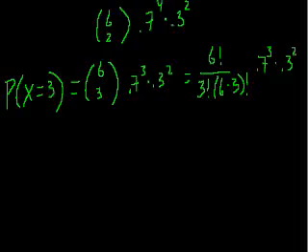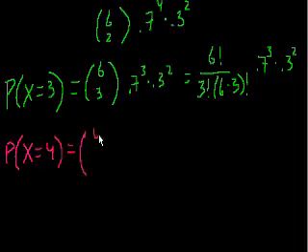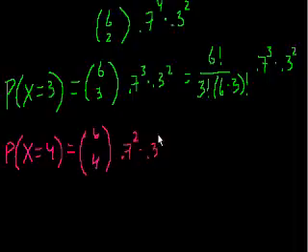Let's keep going. And this should actually get faster once you see. Probability that I make exactly 4 shots. Well, I'm taking 6 and I'm going to make 4 of them. So I have to choose 4 out of 6. So if I'm making 4 shots, I'm missing 2 shots. So there's going to be 2 shots that I miss. 0.7 times 0.7, that's the probability of a miss, 0.7. And then I'm making 4 of them. So 0.3. There's a 30% chance of making each of them.